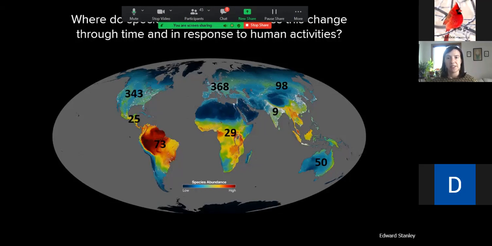There is also mounting evidence that the people who are most qualified to make attempts to slow the impacts of human-caused changes to the environment are those who live in close relationship with the natural environment, often indigenous peoples, and yet these same people have often been excluded from museums and academic science. So if you're an indigenous person in Brazil who has, through observation, studied birds your entire life, there's only going to be 73 museums that have records of that biodiversity on the entire continent where your country is located.